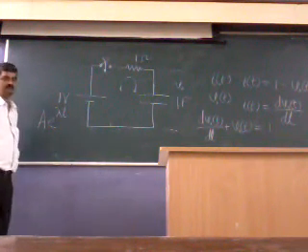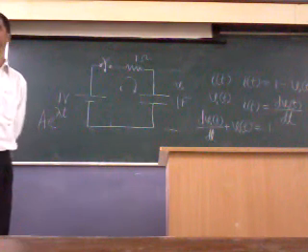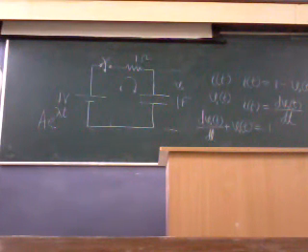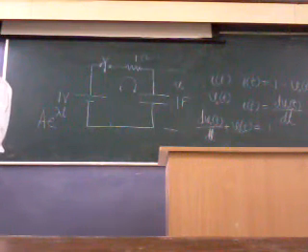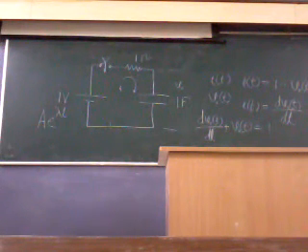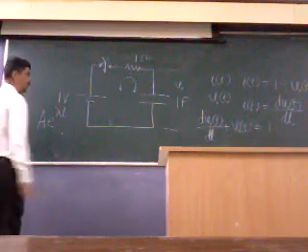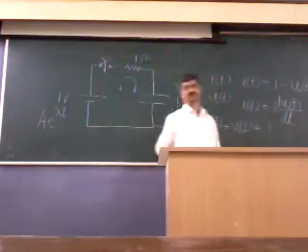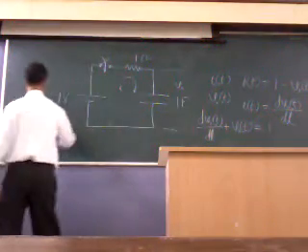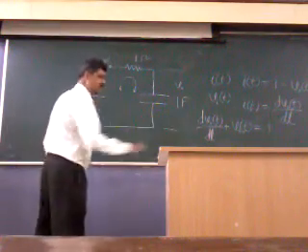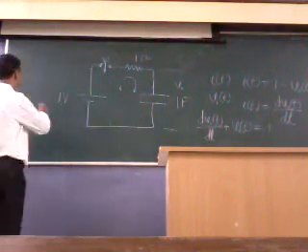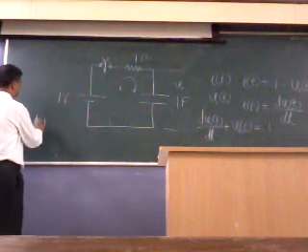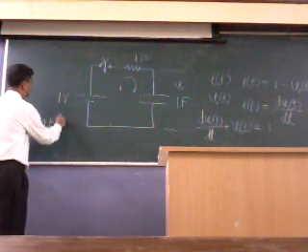If the answer is of the form a e raised to lambda t, we can be more particular. In general, I will say that voltage and current in such circuits is always of this form: A plus B e raised to lambda t.